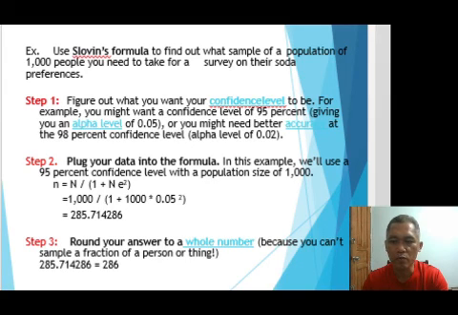And after computation, we have a sample size of 285.714286. And since we can't have a fraction for a sample, we have to round off the answer. Here we will have 286 for our sample size.